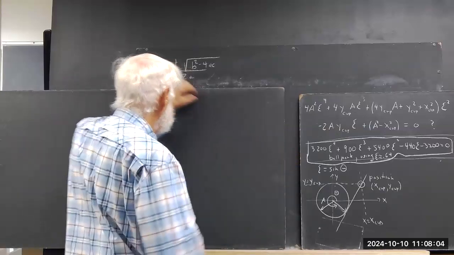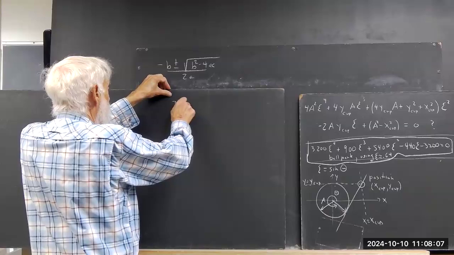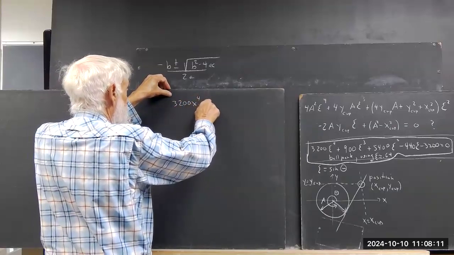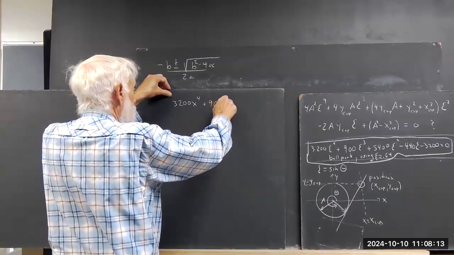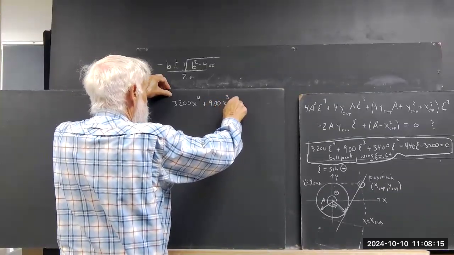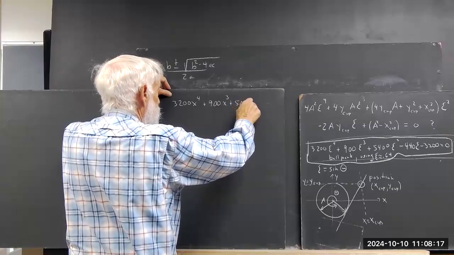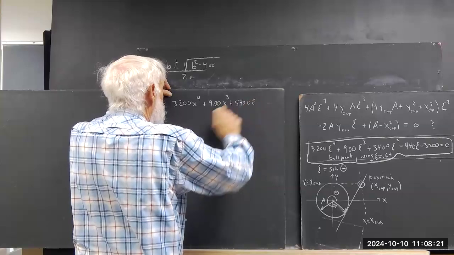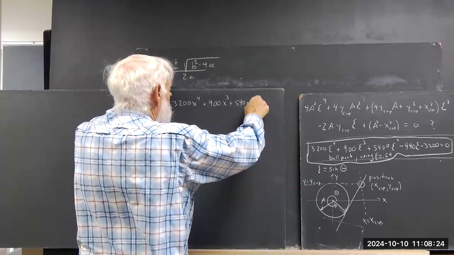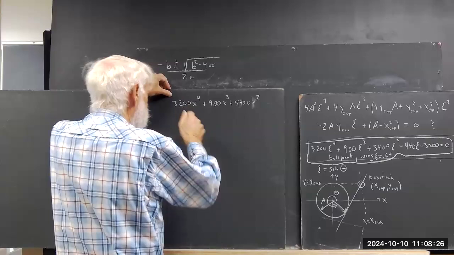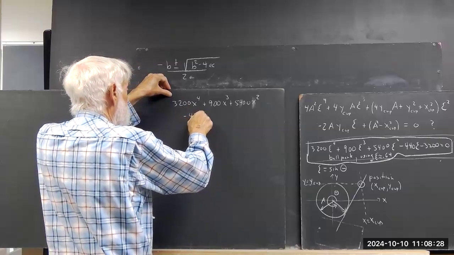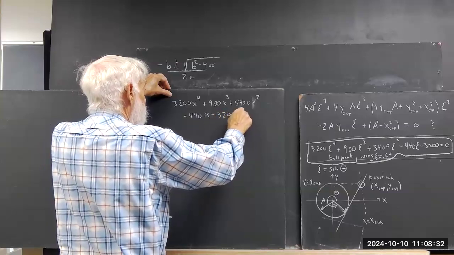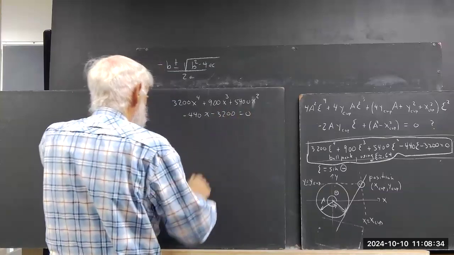I didn't want to use x here, but I'm going to rewrite it. 3200 x to the fourth plus 900 x cubed plus 5400 x squared minus 440 x minus 3200 equals 0.